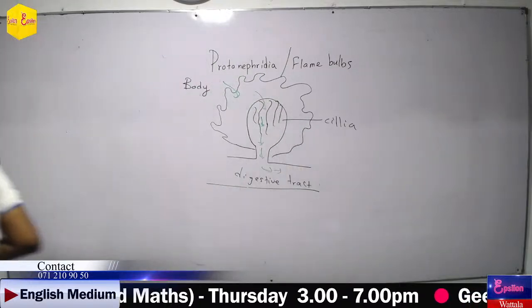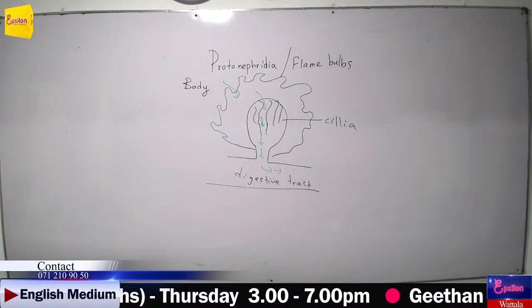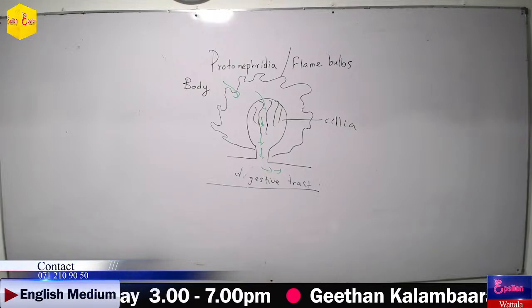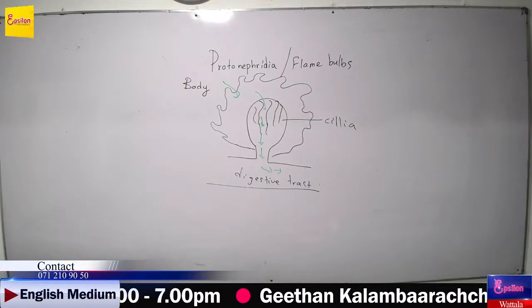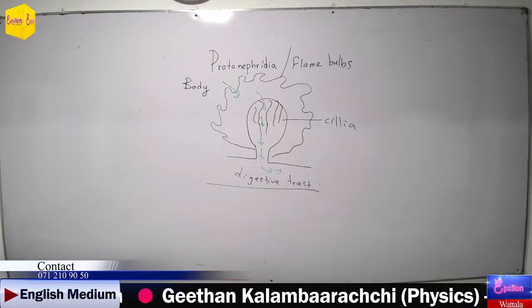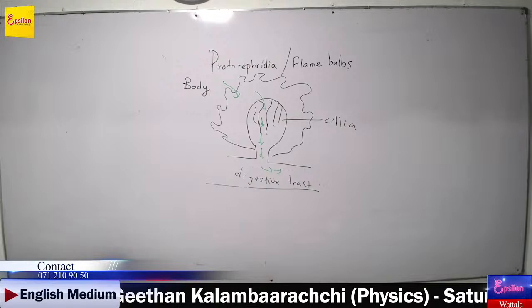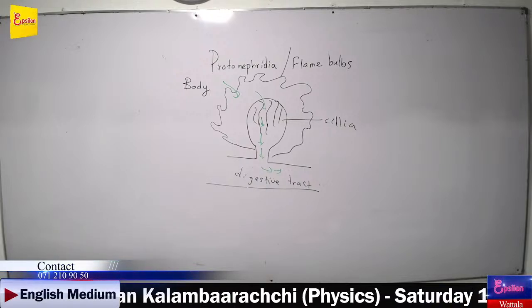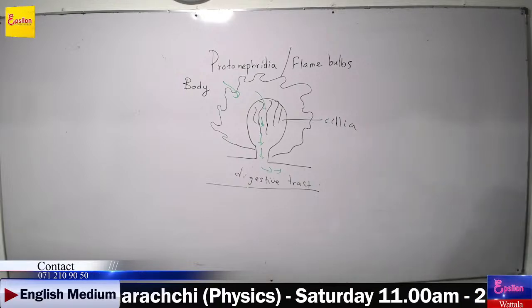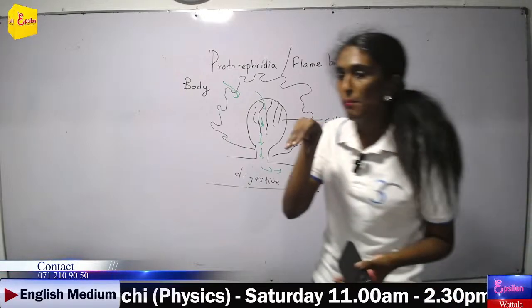Let me come and see. Here, reversible pharynx. I told that they don't have an anus, only the mouth is there. They have a pharynx, and in that only their mouth is there.